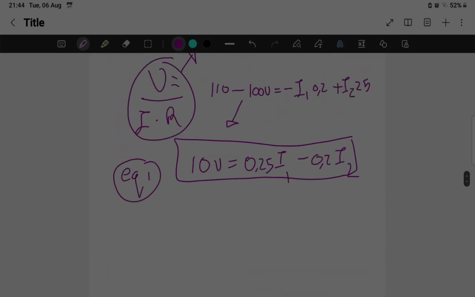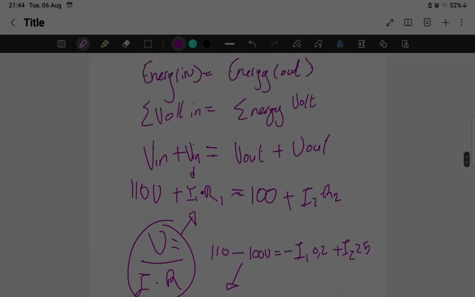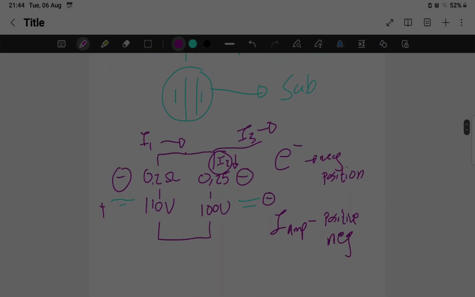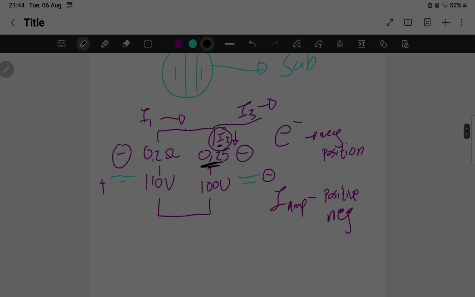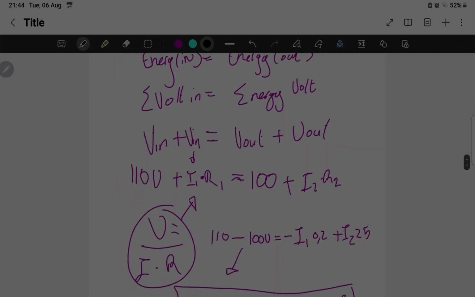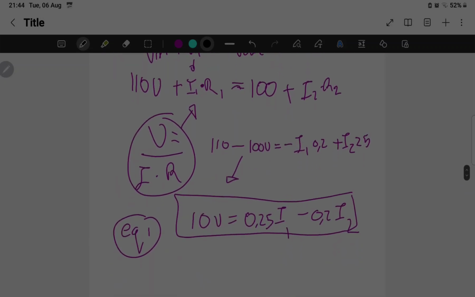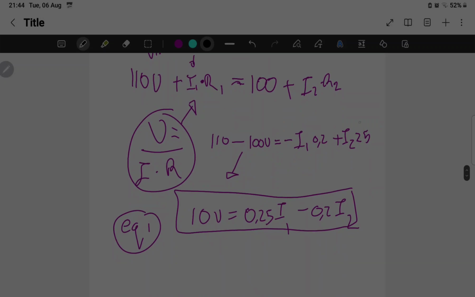Let's double check. Okay, so as you can see, 0.25 is actually I2, so this must be I2, and this must be I1.